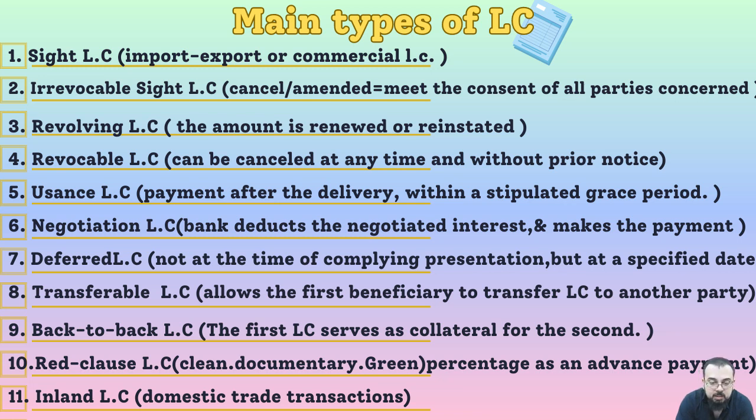In general, traders use green clause LC in transactions from commodity markets such as rice, gold, or grain. Much like red clause LCs, the name for green clause comes from the fact that traditionally practitioners printed this special clause in green ink.